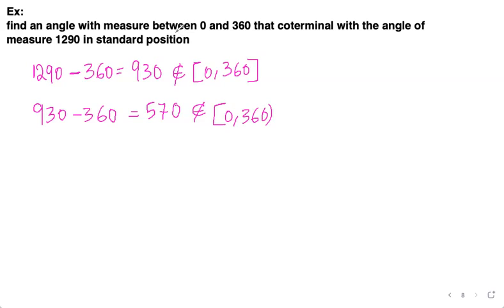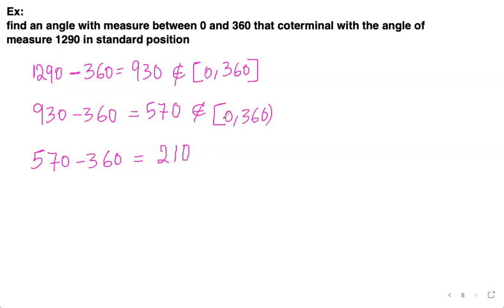The example is looking for an angle between 0 and 360, so I have to subtract 360 again. 570 minus 360, how much? 0 minus 0, again 0. 7 minus 6 is 1. 5 minus 3 is 2.